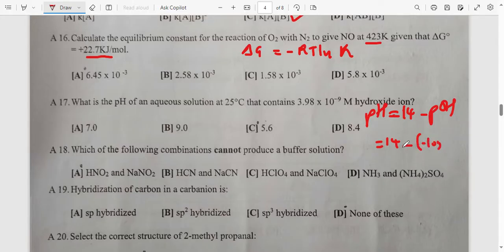Please, this minus is part of the formula. That negative log is part of the calculation for pOH. Don't confuse them. So negative log of 3.98 times 10 to the power negative 9. So that's what we want to punch.